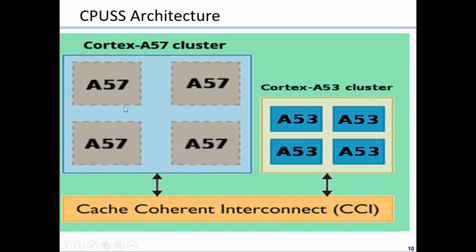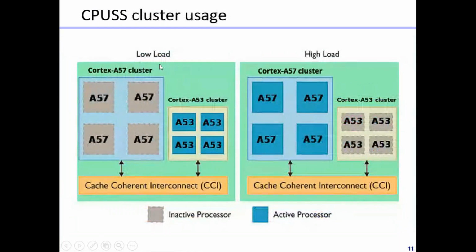In the later part of today's session, we'll discuss the internal components of the cluster. There are majorly three things that make up every cluster. We'll discuss all those as well. Then, as I said, low load applications will be run through the A53 cluster, and high load applications will be run on the A57 cluster.